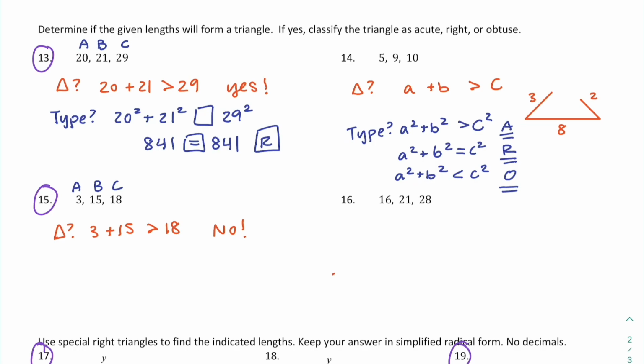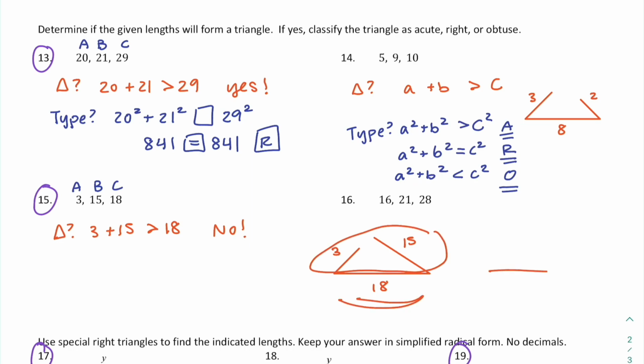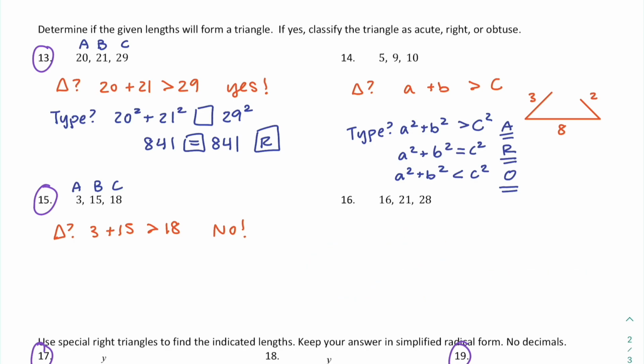Because basically, if you have a base that's 18, and one side's 3, and one side's 15, they're not going to be able to connect to get you 18 total. Because these two are the same distance as this one. So essentially you'd have a flat line on top of a flat line. It's like that, and a triangle cannot happen. So we don't even have to test the type of triangle. When we say it's not a triangle, we are done.